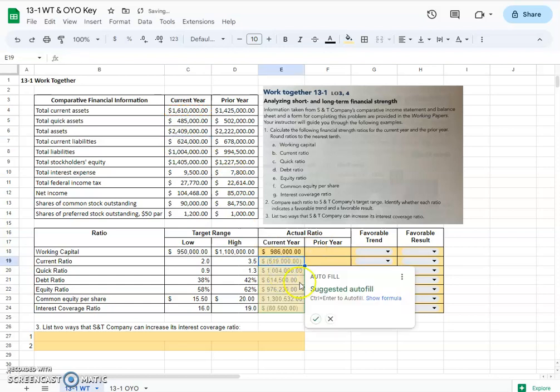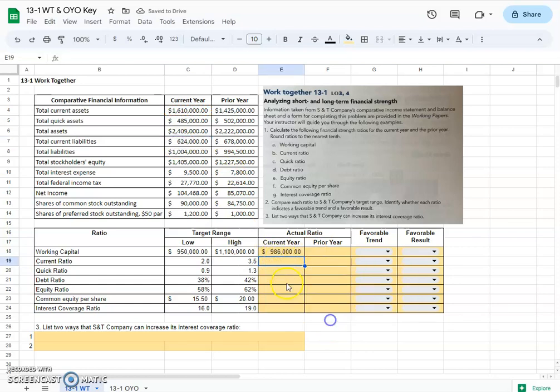Your working capital is $986,000. How about prior year? Equals, and if you're smart, you just drag this formula over because that should take the next column over. Yep.